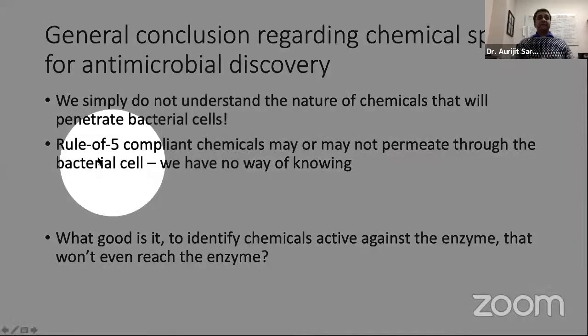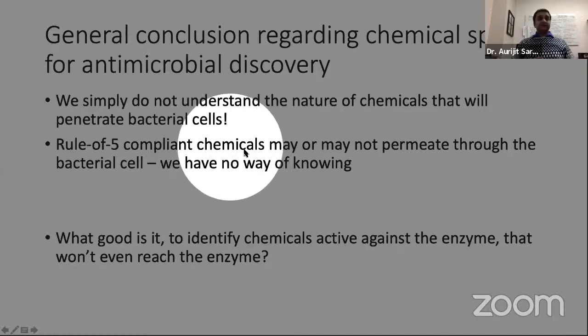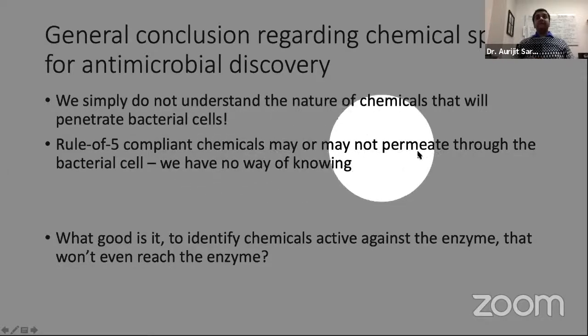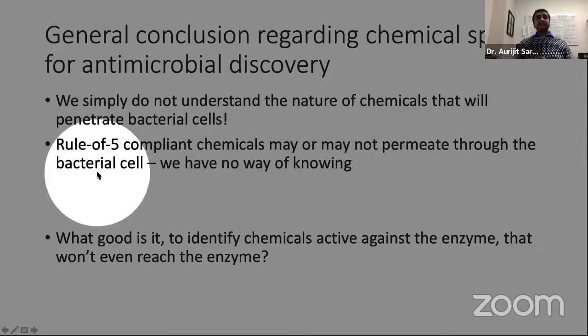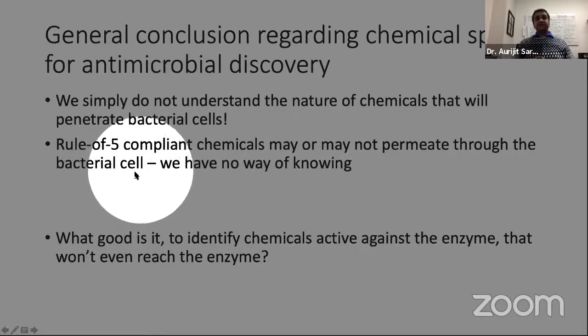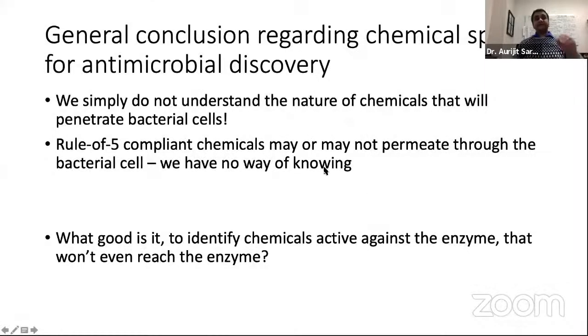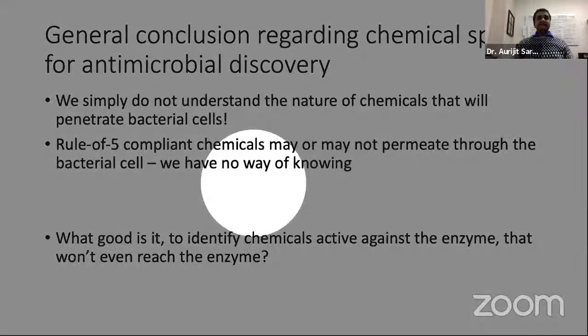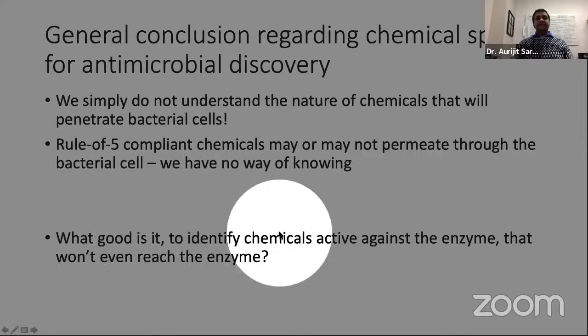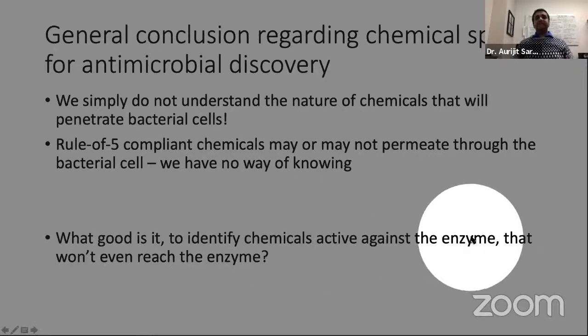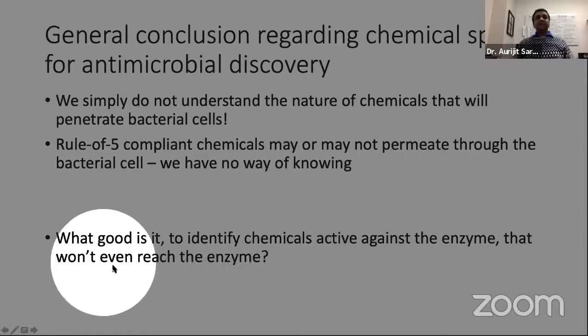Rule of 5 compliant chemicals, in other words, typical drug-like molecules, may or may not permeate through the bacterial outer envelope to reach the cytoplasm. And we have no way of knowing which chemicals will get inside a pathogen and which one will not get inside a pathogen. This is a big problem, as you can imagine, because what good is it to identify chemicals that are active against an enzyme when that chemical won't even reach the enzyme?